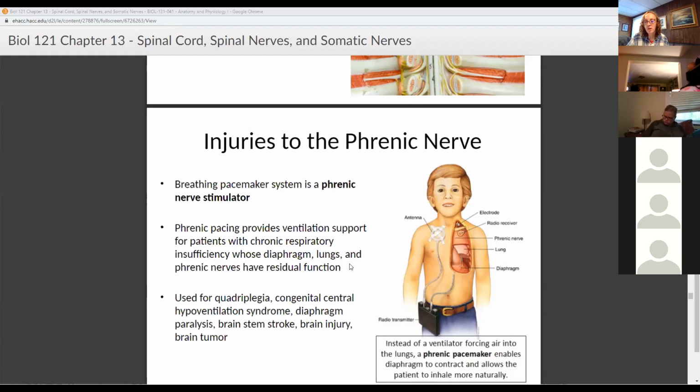So it's a pacemaker. We talked about heart pacemakers. This and next semester, you'll talk more about that. But this is a pacemaker for innervating the phrenic nerve.